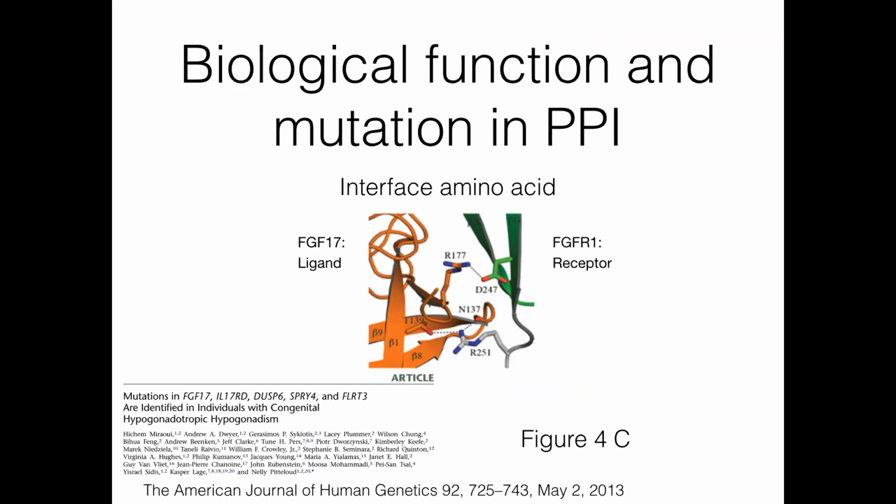You see on the right, that's FGFR1, a receptor, and on the left, that's a ligand. Patients with a mutant in this amino acid, the arginine 177, they instead have histidine there. They seem to have this phenotype.